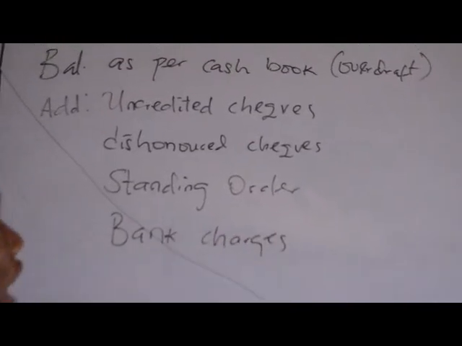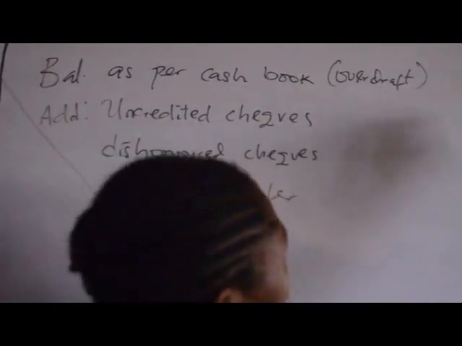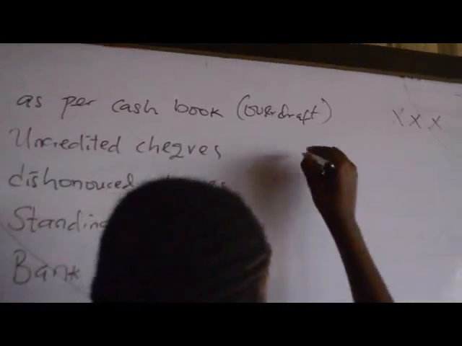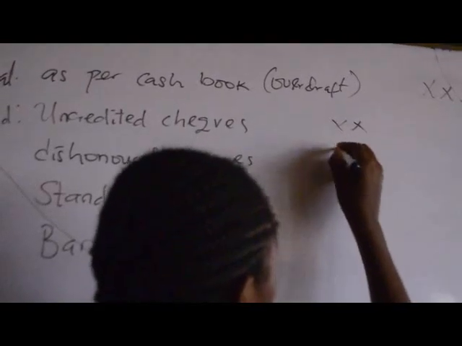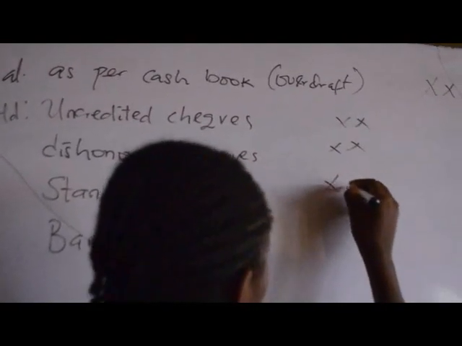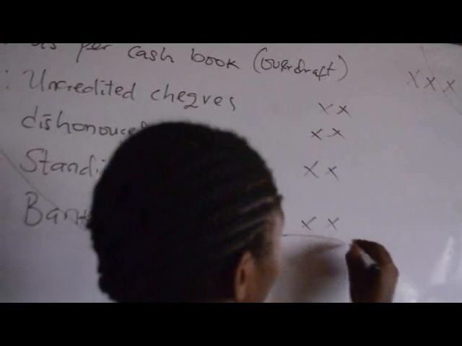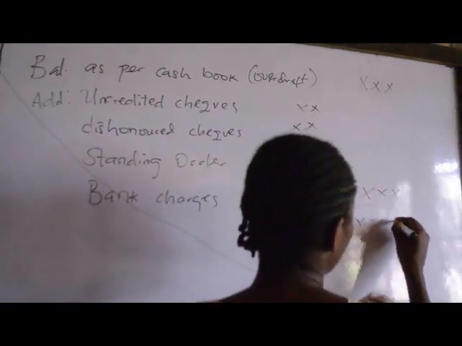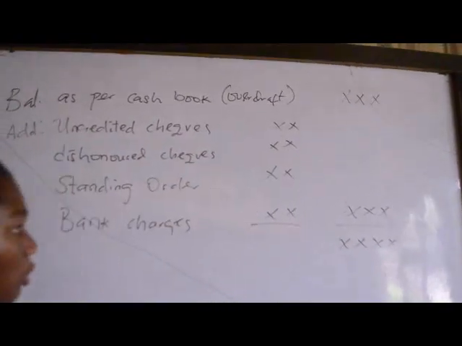Let me use X to represent what we are doing. Let's say the sum total will give us 3x. We don't know what our x may mean, but this is how we'll present it.